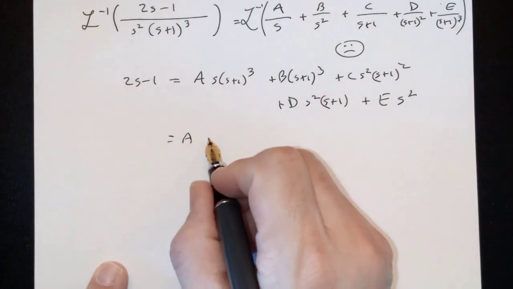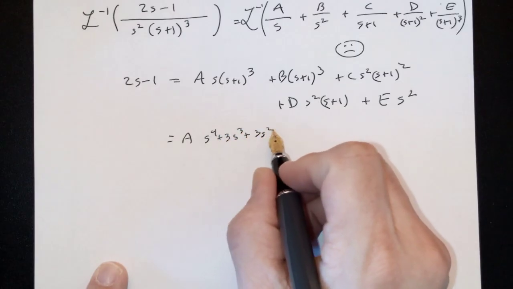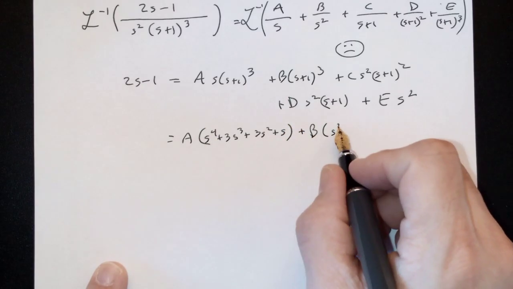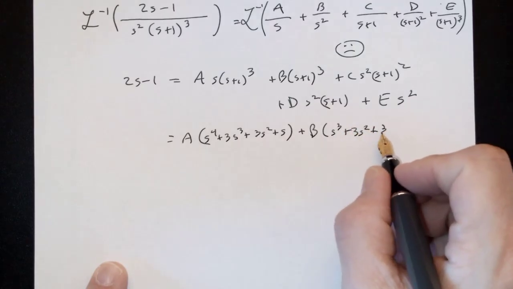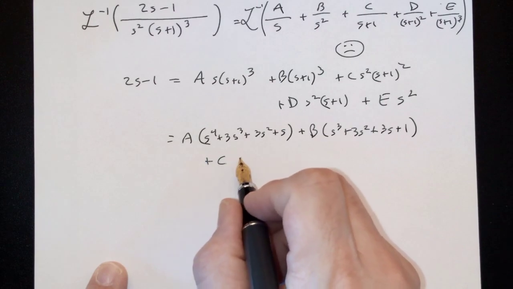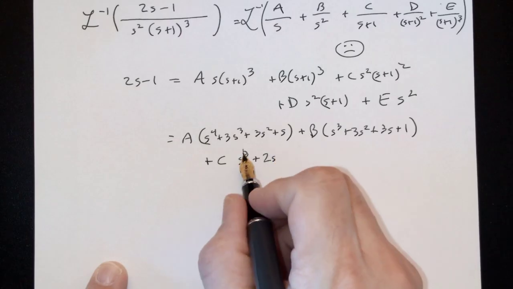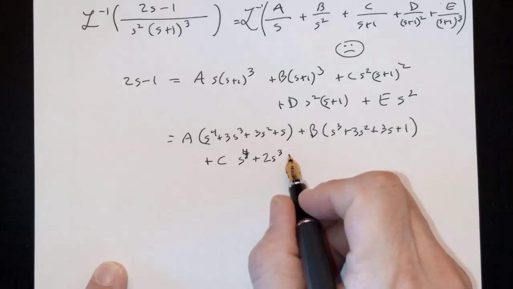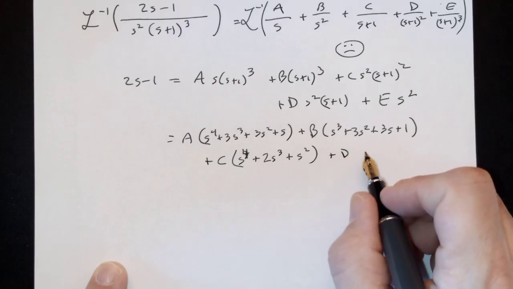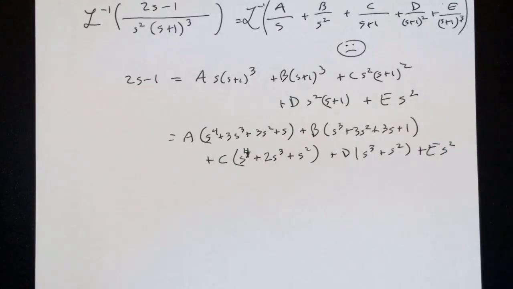A(s to the fourth plus 3s cubed plus 3s squared plus s) plus B(s cubed plus 3s squared plus 3s plus 1) plus C(s to the fourth plus 2s cubed plus s squared) and then D(s cubed plus s squared) plus E s squared.